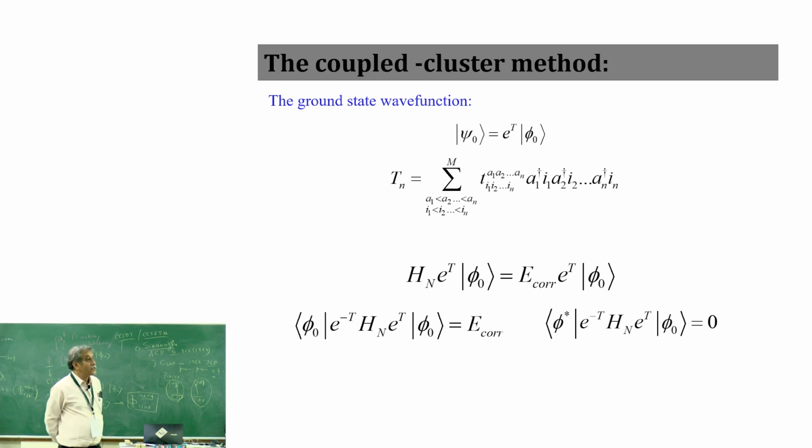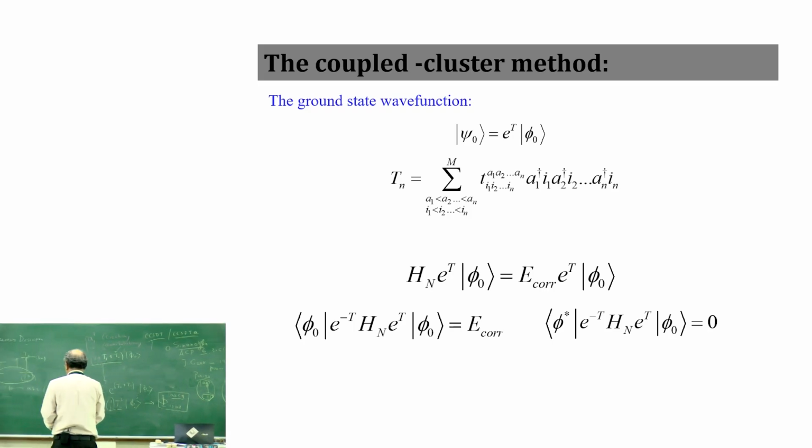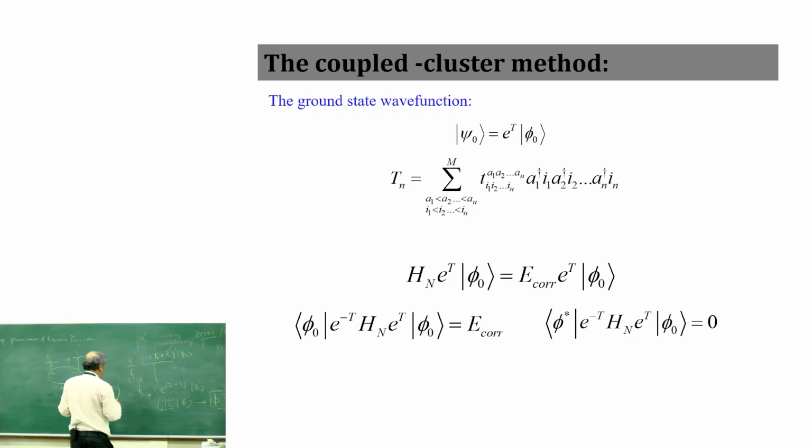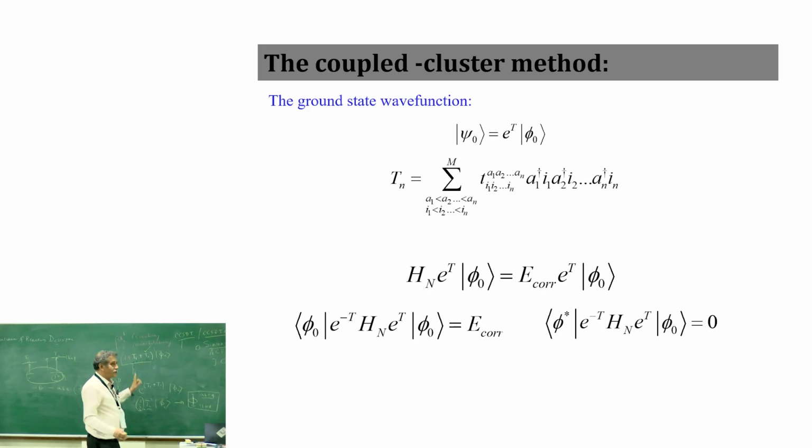The difference between CI and MCSCF is that in CI the orbitals are fixed, Hartree-Fock orbitals. The only parts which are actually varied are the CI coefficients, linear coefficients. So you make it 1 plus T1 and T2, so these coefficients I can call C1, C2, just to make sure that it is CI. So only this, but orbitals are not changed.